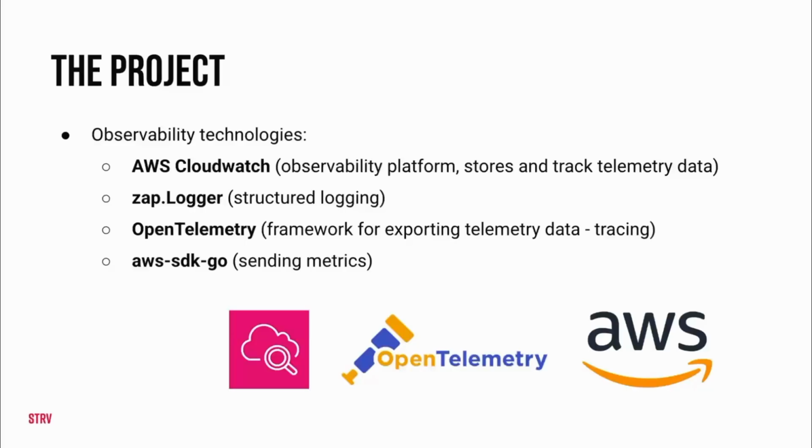Also, we use Zap Logger, which is a library for structured logging. We use OpenTelemetry for tracing. You can use OpenTelemetry for logs and metrics as well, but I've decided to use it only for tracing since the topic is AWS.